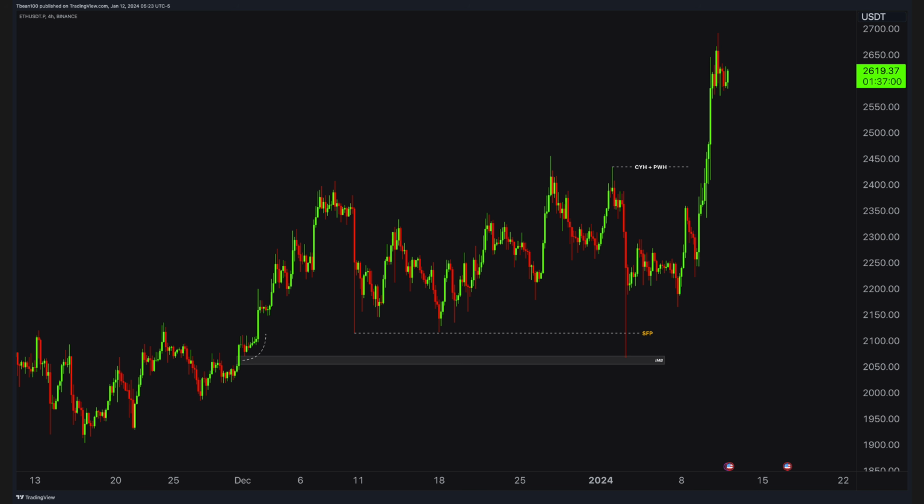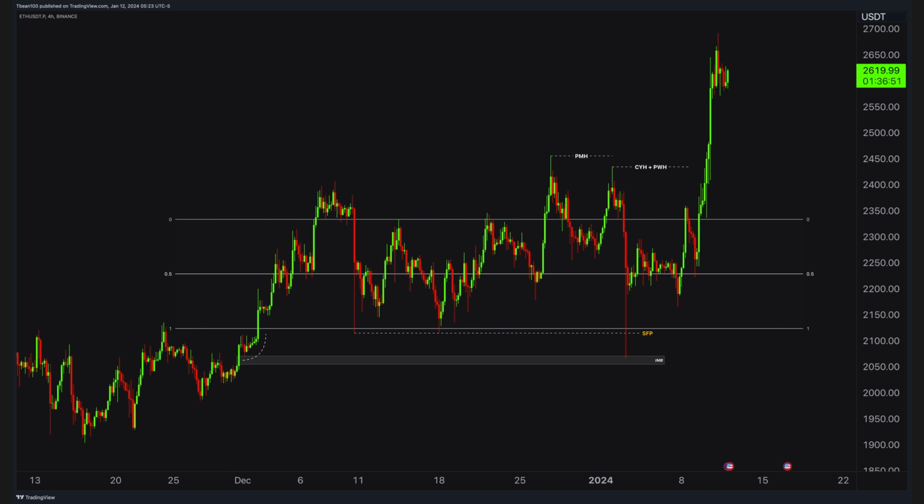We had this great current year high, which dates to 2024, and the previous week high at the top, and above them, we had this previous month high from 2023. So all these institutional levels are waiting for us. If you look carefully, this is actually a range. And below, we had this deviation and manipulation area.